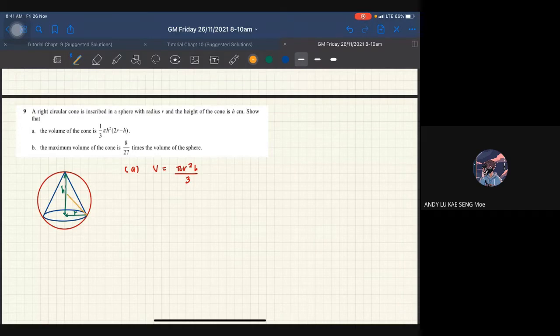Ini adalah radius sphere. Ini adalah radius untuk kita punya cone. And this one adalah tinggi untuk kita punya triangle. So tinggi tu sebenarnya dia bukan berada dekat center tau. Dia bukan dekat center. So kalau saya nak kira kat situ, saya akan keluarkan kita punya triangle. Bentuk dia macam ni.